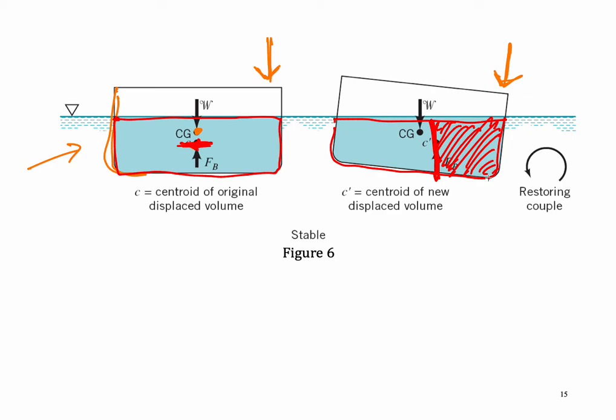That's why the center of buoyancy will change according to the displaced volume. So for a floating object like this one, if the center of gravity is above the center of buoyancy, it will create a restoring couple, which could make the object come back to its original position.